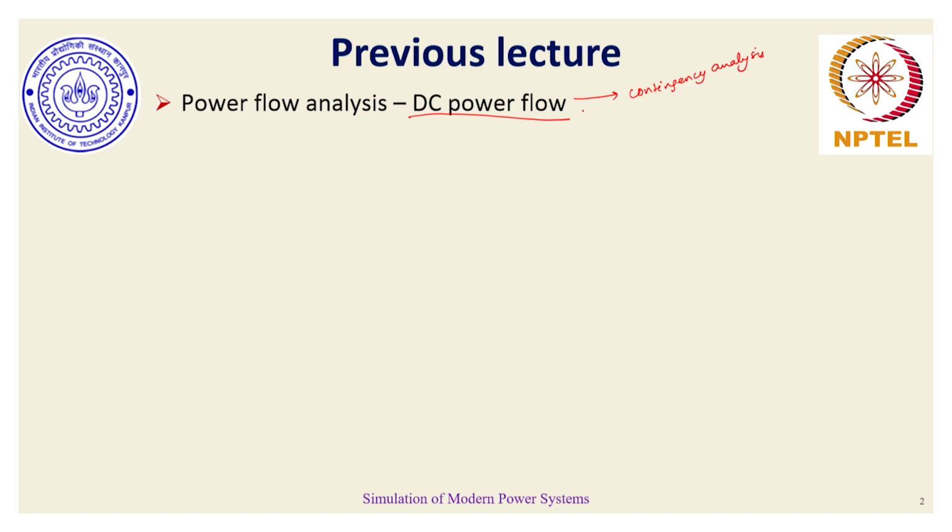Being linear and non-iterative, it provides quick estimates of voltage phase angles, which are very useful in the contingency analysis exercise, where as the system operator one has to screen, filter, process several such contingencies for a practical network.